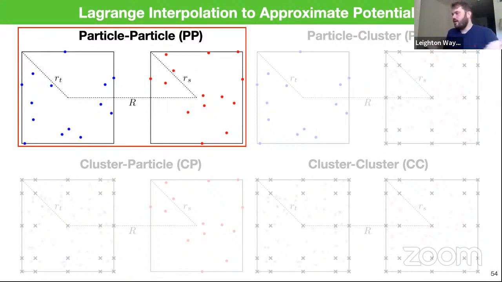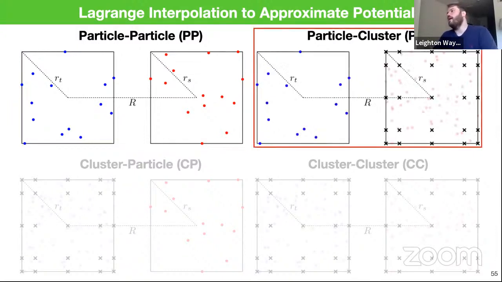You can interact directly, particle-particle. You can approximate. You can use our interpolation just on the source cluster. So here you actually see where I've replaced all these particles in here with the interpolation points. So essentially, this is now, in some sense, a particle-particle interaction between these target positions and these interpolation points.